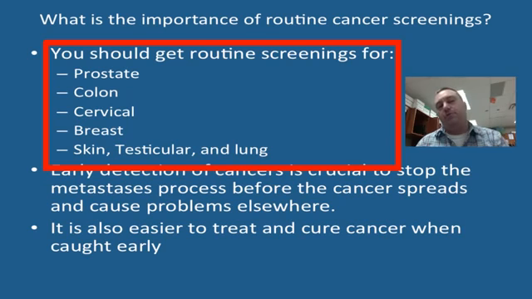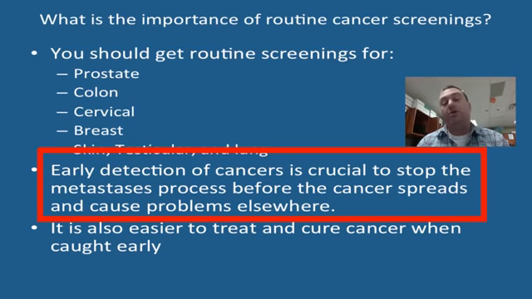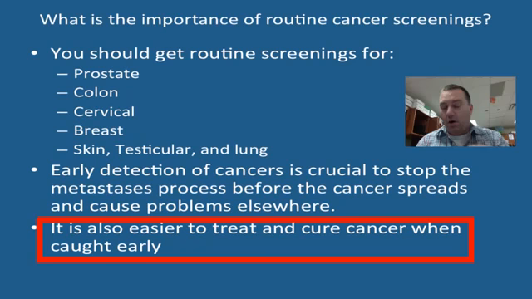So as you were going through the routine screenings, you made a note in your lab journal of when all of these should occur. Now, as always with all cancers, early detection is key. Earlier detection leads to faster treatment, and hopefully you've gotten to the cancer before it has metastasized. Always, always easier to treat cancer earlier than later.